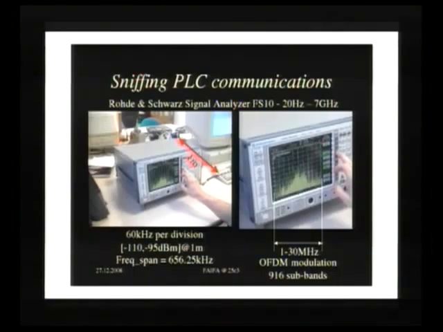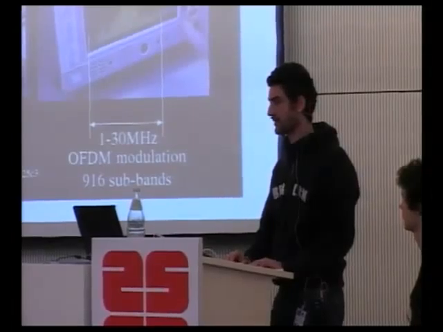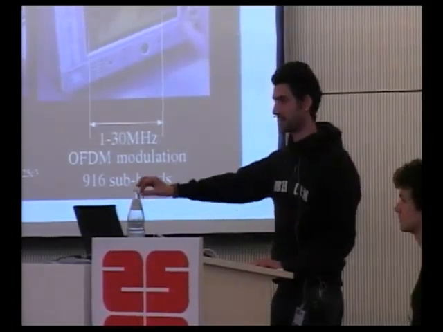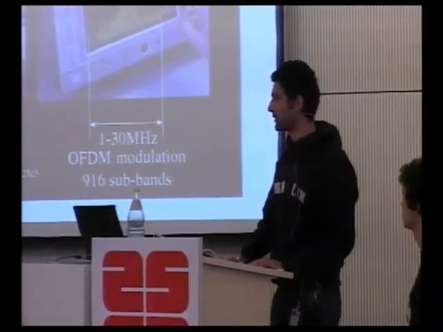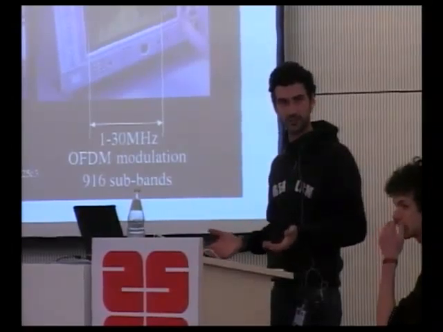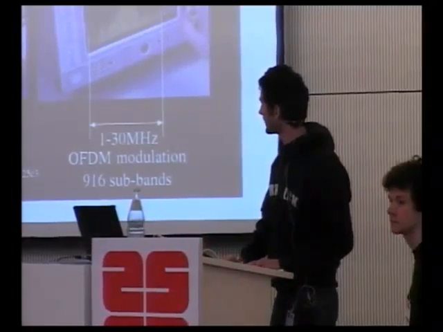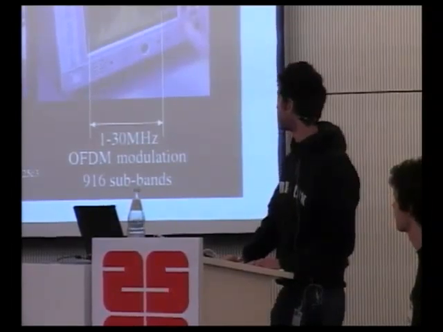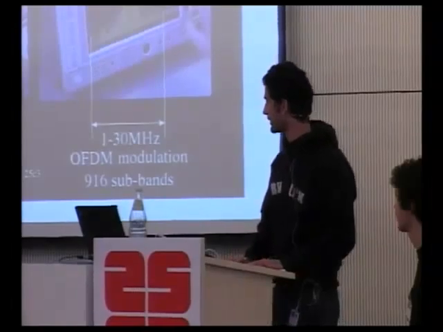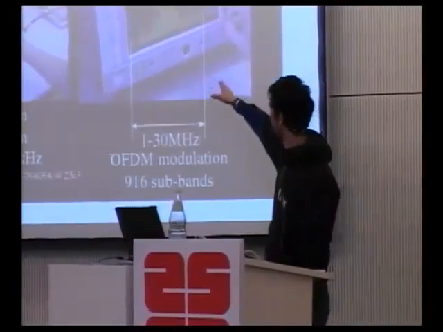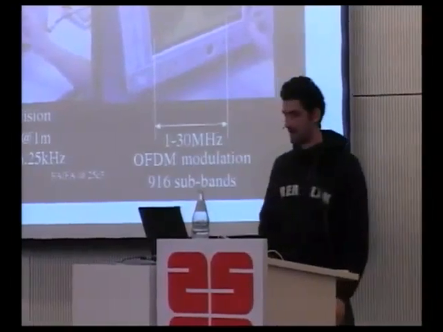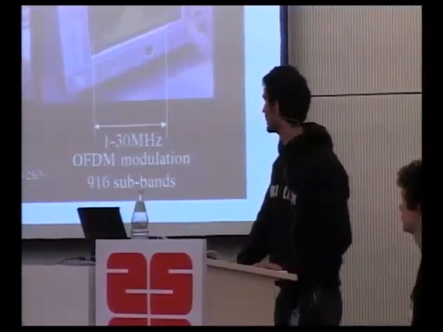More visually, we have tried sniffing PLC communications. As you can imagine, the cable is behaving like an antenna, especially since electrical cables go basically straight into each room, each part of the building. So you will have some radio emissions outside of the cable. If you make a test at 1 meter with a signal analyzer, using 60 kHz per division, you will find the OFDM modulation in the 1 to 30 megahertz range.